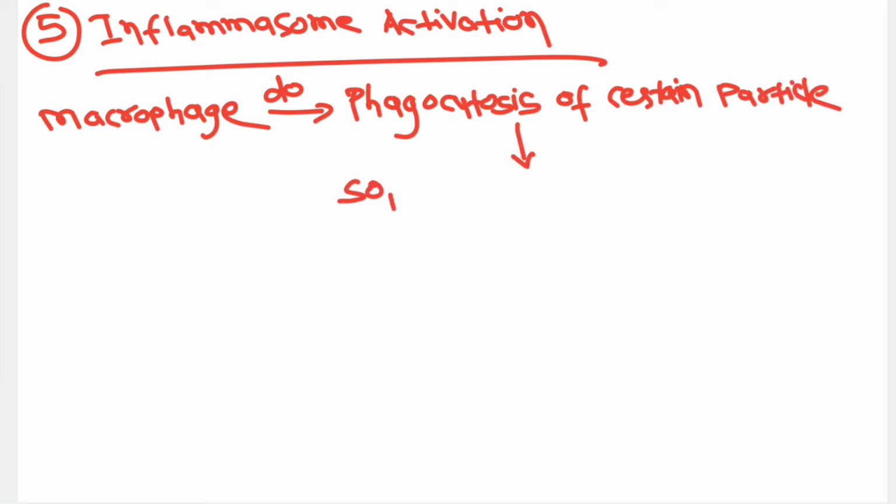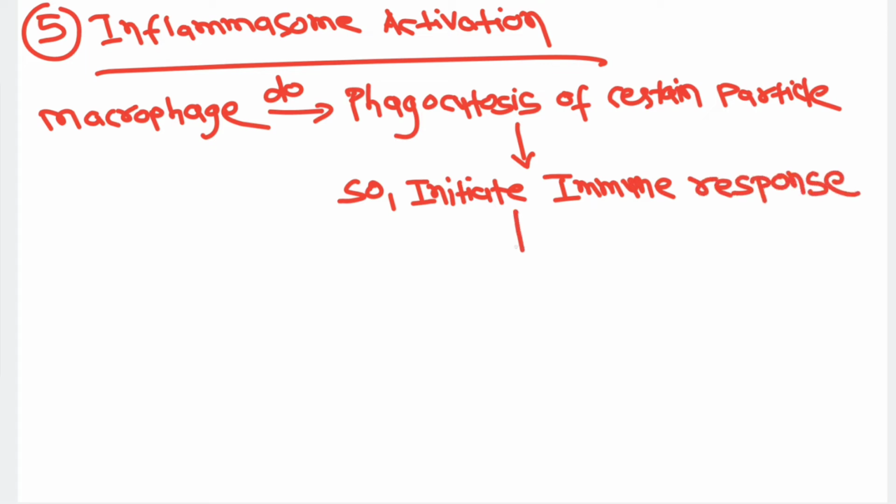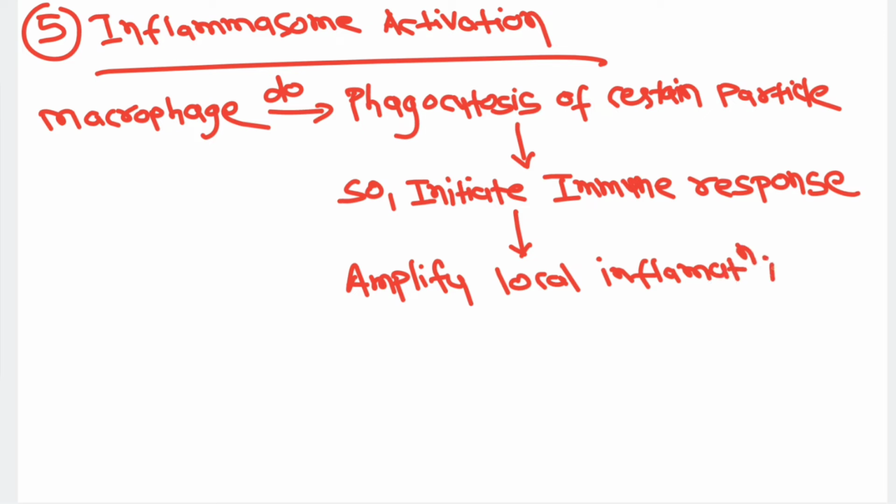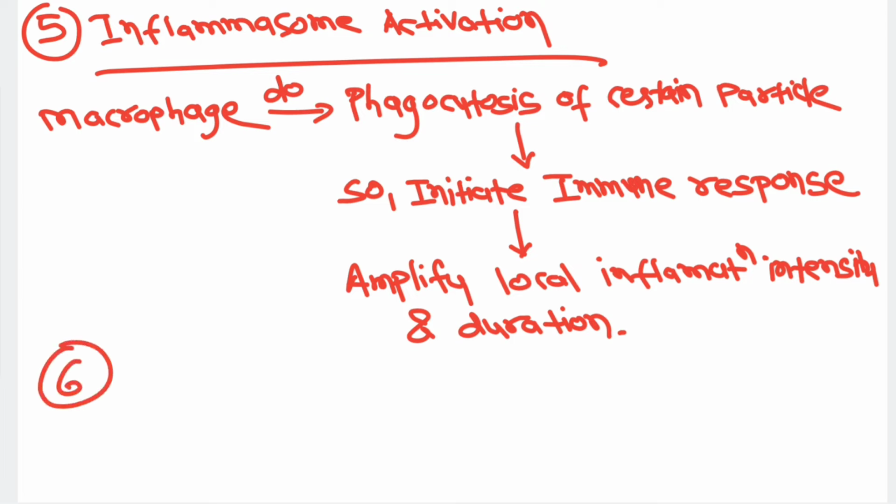By doing the phagocytosis, the macrophage will initiate an immune response, and that's why they will amplify the local inflammation intensity and duration. So there will be more inflammation because of phagocytosis. So that is the inflammasome activation.